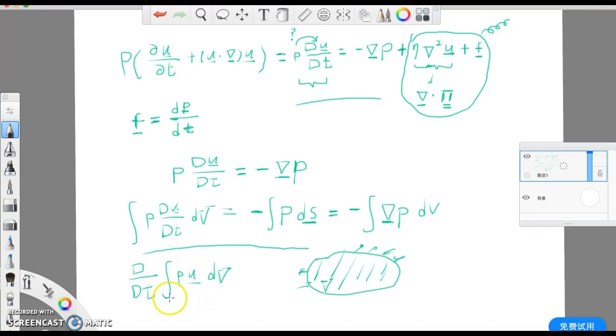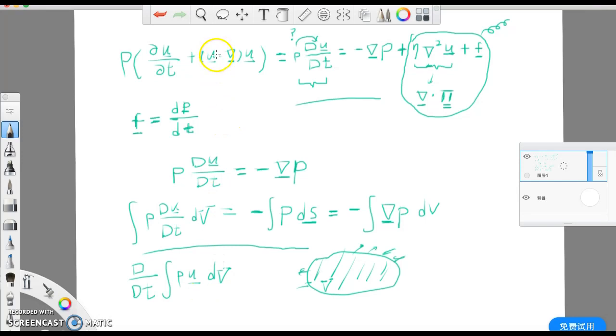This is the momentum of the entire volume, right? That's just the integral of u dm, the integral of rho u dV. That's the momentum of the entire volume, and you differentiate with respect to time. That's the most general expression for the force, right?